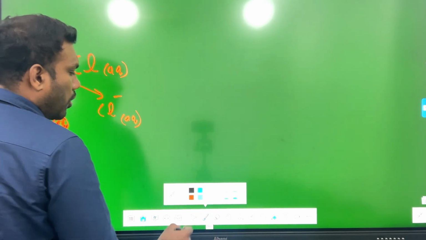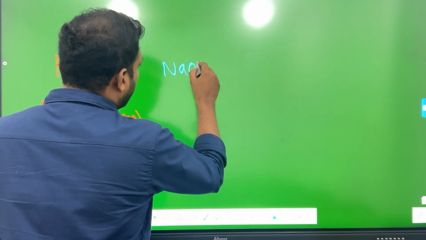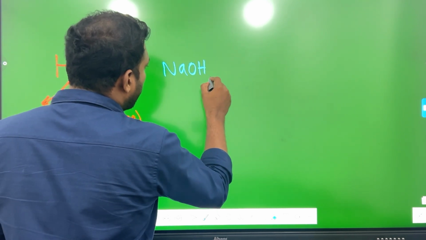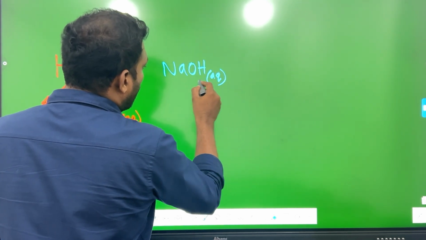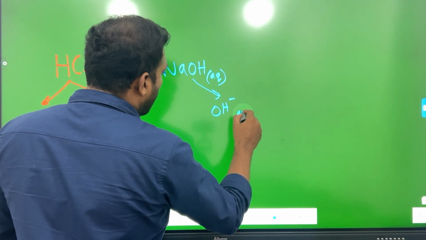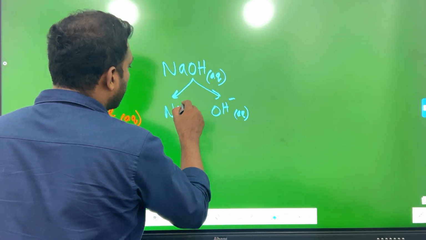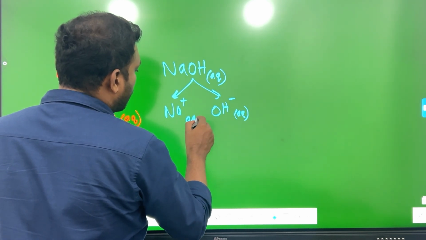And if you talk about a base like sodium hydroxide, it will get ionized in the aqueous medium to release OH minus ions and also corresponding plus ions, positive ions to the aqueous medium.